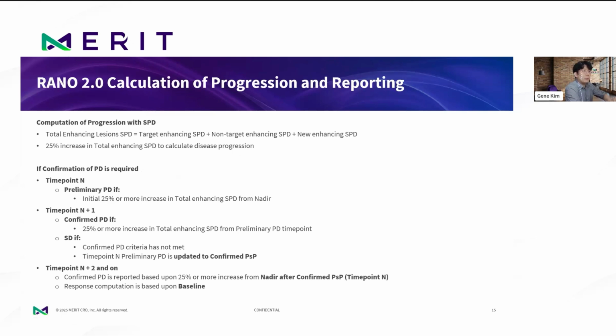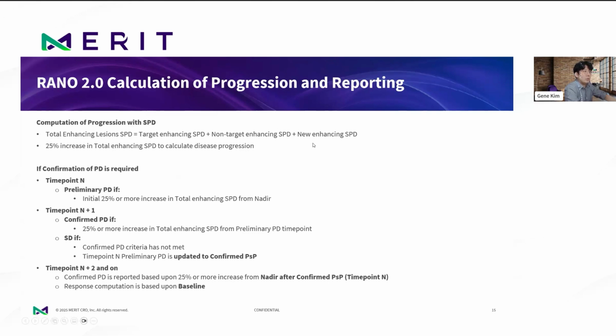Incorporating the confirmation of PD and lesion management together, computation of the progression based upon SPD for these patients can be done in this way. For instance, total enhancing lesion SPD will be the target enhancing SPD added to the non-target enhancing lesions that are progressing.